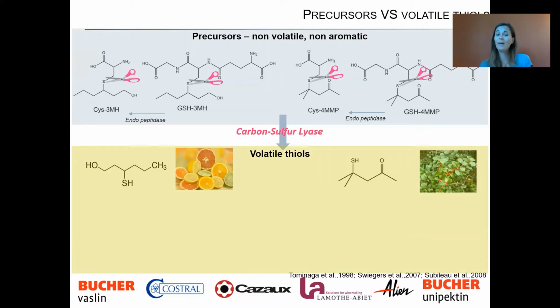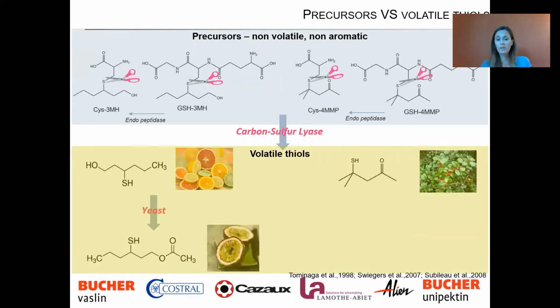So we will then have our 3-MH and our 4-MMP. 3-MH can then be transformed by the yeast into its acetate, the acetate 3-MH, to basically change a little bit the type of aromas, but also it's going to increase the intensity of the aromas.